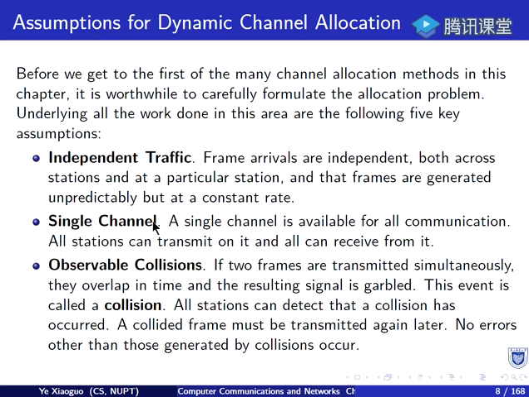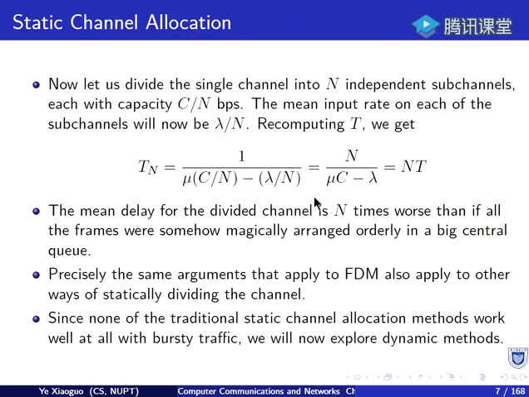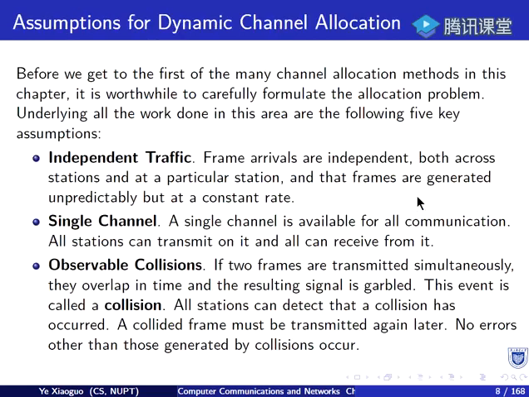Assumption 2 is a single channel. A single channel is available for all communication. Why do we assume there is a single channel? Because it is different from static allocation, where a single channel is divided into independent subchannels. But now we talk about dynamic allocation.